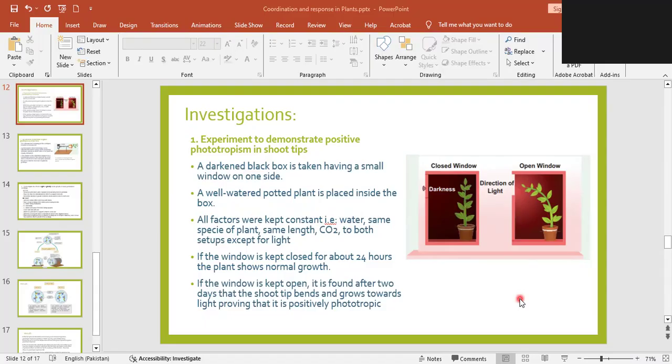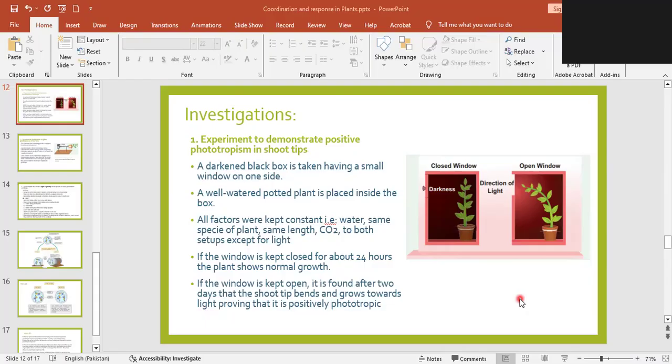Comparison can only be seen when both things are the same. The factor which you are allowing to work on each setup is different, but the object you are working on needs to be the same so you can see the comparison. That's why we keep these things constant. There's a difference between control and constant.